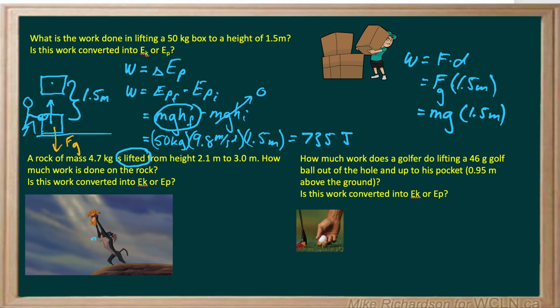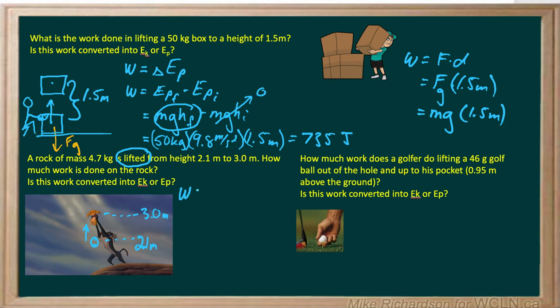Initially, we can imagine it was down in this position here. And it starts at a height of 2.1 meters. And it ends up at a height of 3.0 meters. And in order to lift that rock, we've already established that we have to apply a force equivalent to the force of gravity to get it to move.